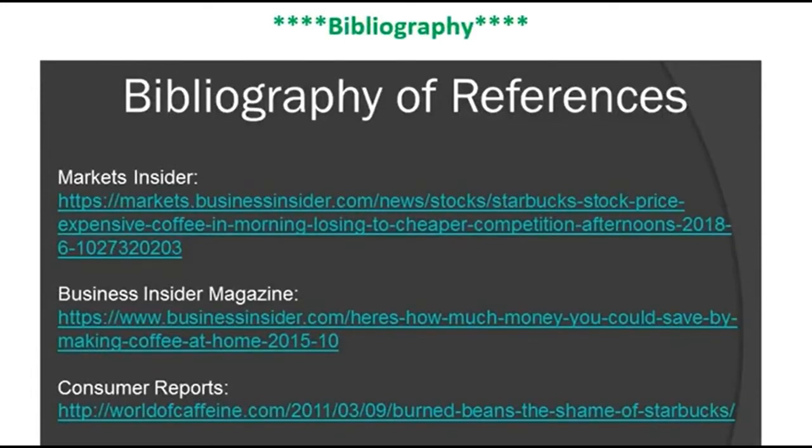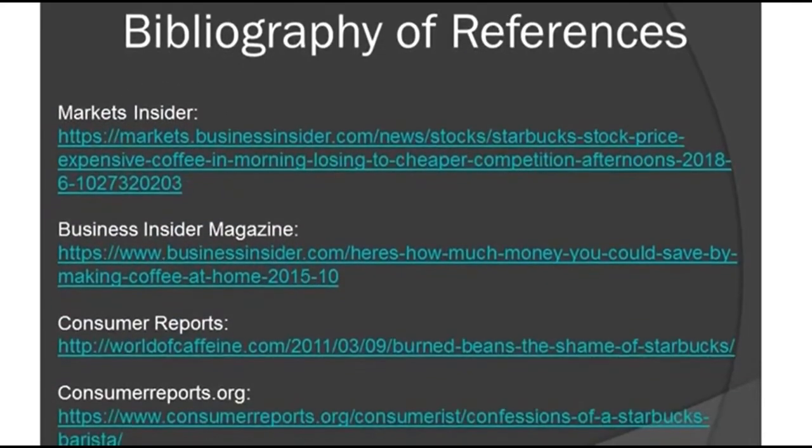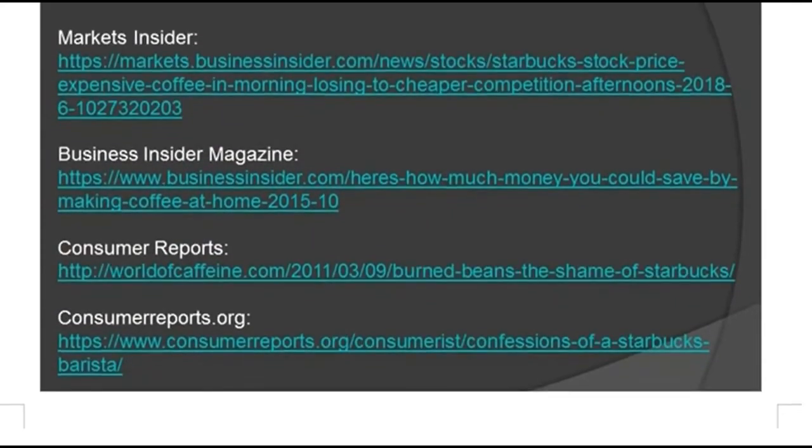Okay, guys, for the last page of your essay, we need to have a bibliography. What is a bibliography? A bibliography is a place where we can show where we got our facts and information from. Okay, as you remember, I have talked about a few of these publications in my essay.